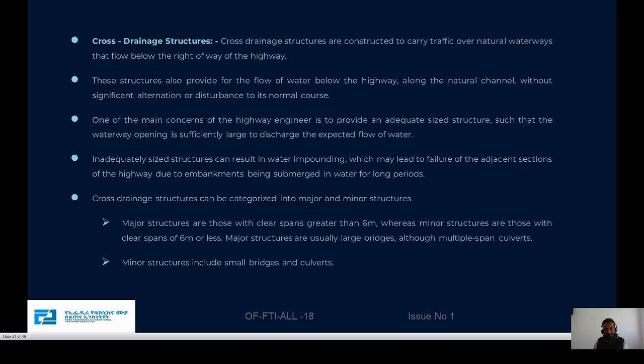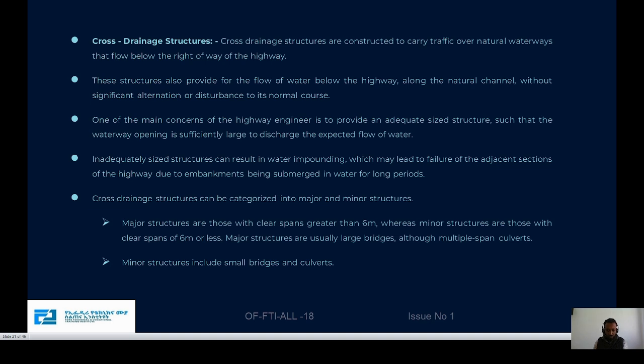These cross drainage structures are constructed to carry traffic over the natural waterways that flow below the right of way of the highway. Mostly the crossing structures are provided as major structures and minor structures.